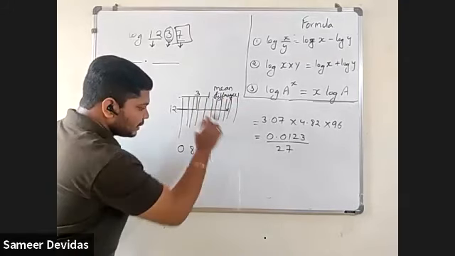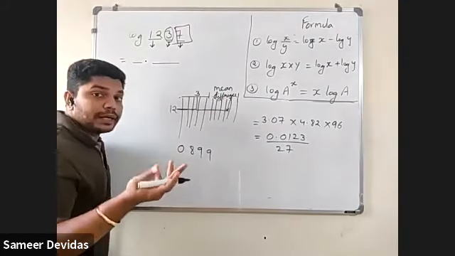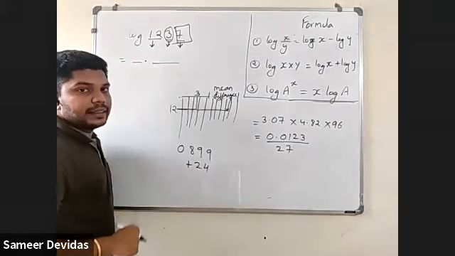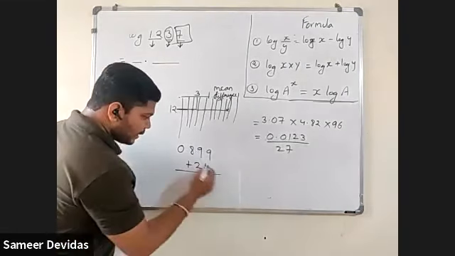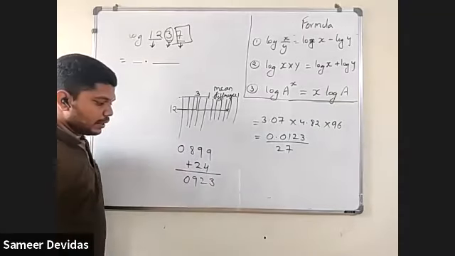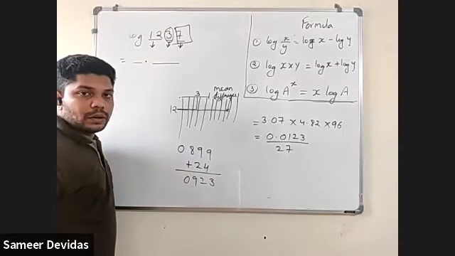Now in 7, if you see the 12 and 7, you got 24. Now where to write the 24? You need to add that 24. If you add, then what number will you get? This will become 0923. Yes or no? Yes, sir. Is it correct?